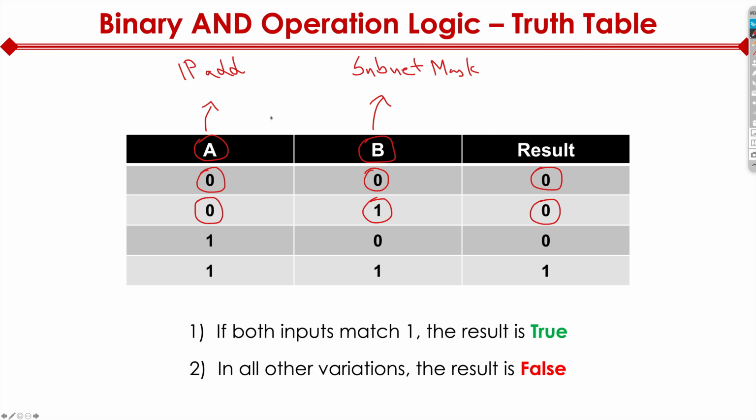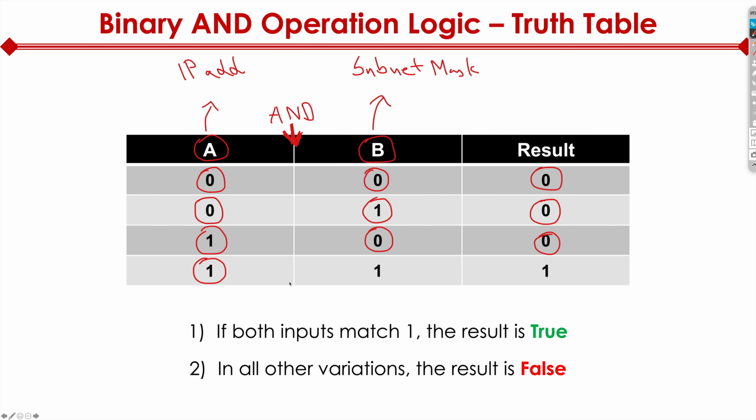And remember that there is an implied AND inserted in between A and B. So it's the binary AND operation. If the IP address is 1 and subnet mask is 0, then the result is 0.